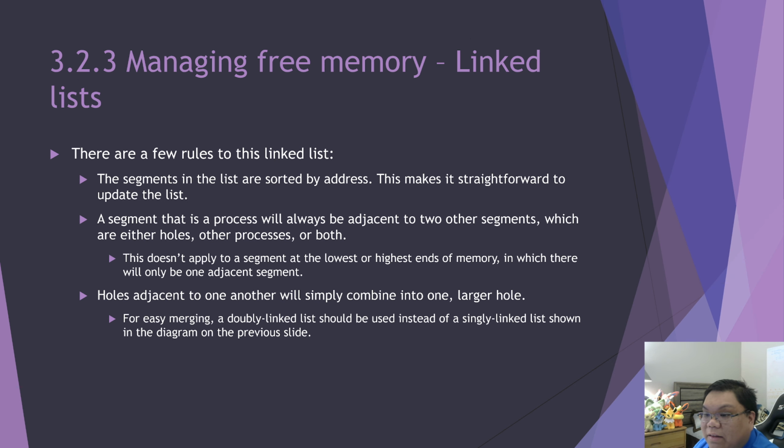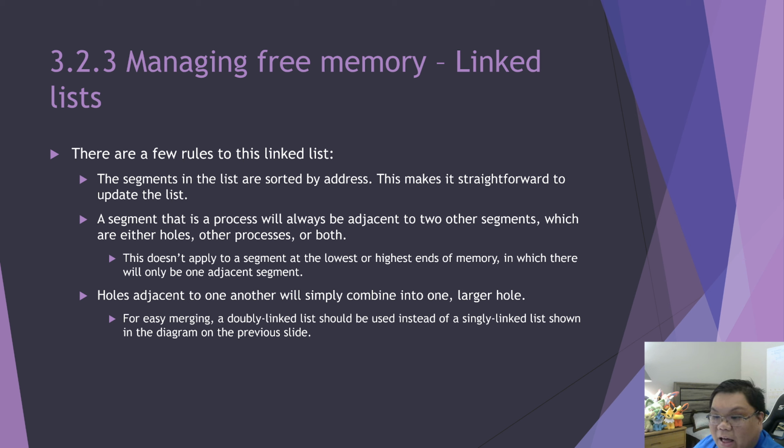There are a few rules to the linked list, by the way. The segments are, as I said, sorted by address, so they appear in order. A segment that is a process will always be adjacent to 2 other segments. Those are either holes or other processes, or both.